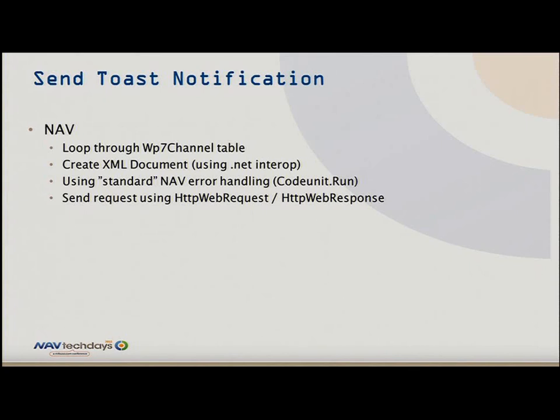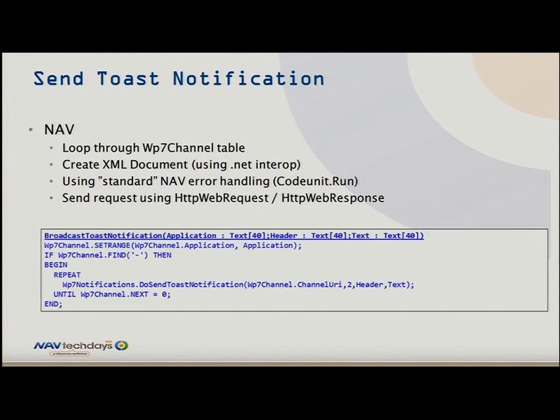Creating the XML document, I could do that as a string, but I selected to use .NET interop for that, and then use standard NAV error handling, the codeunit.run. If something goes wrong, maybe an application is unreachable, the phone is off or whatever, it will cause an exception to be thrown, and we don't want the service tier to crash on that. And I'll send the request using HTTP web request and web response.